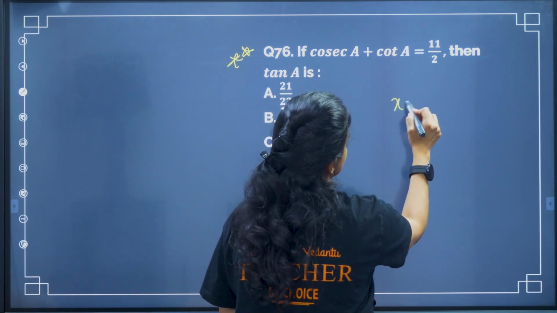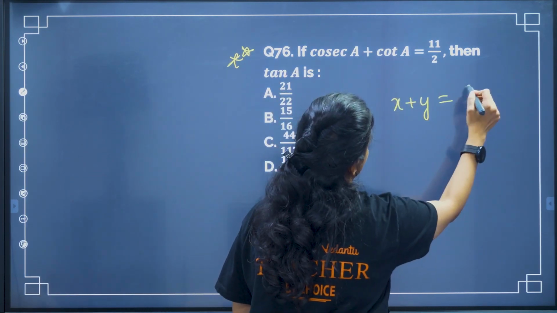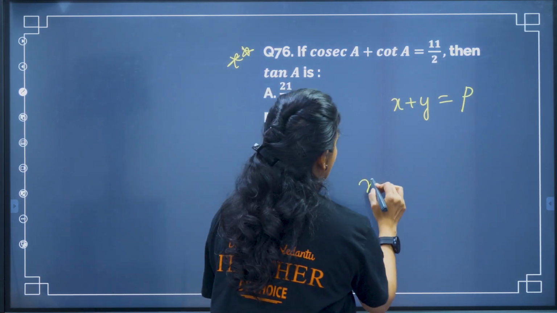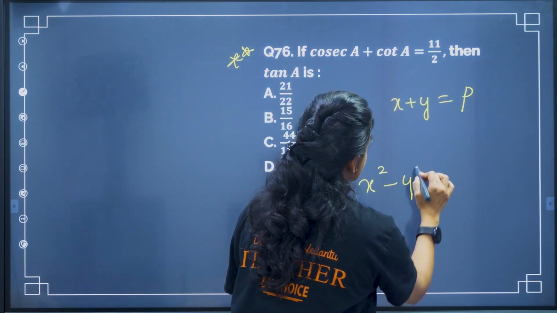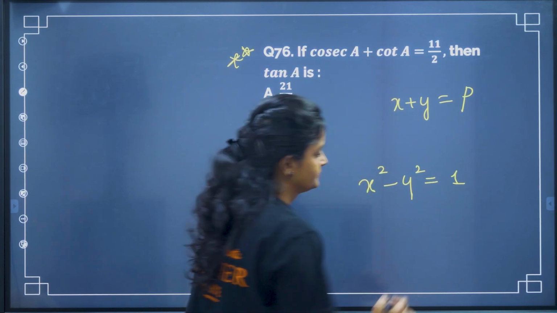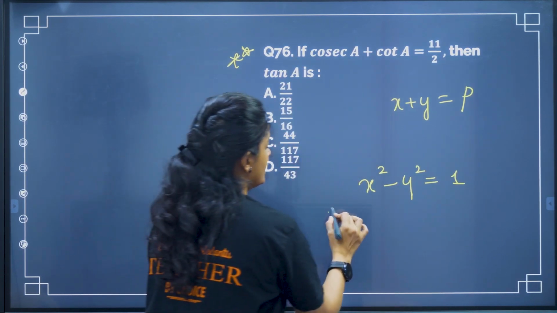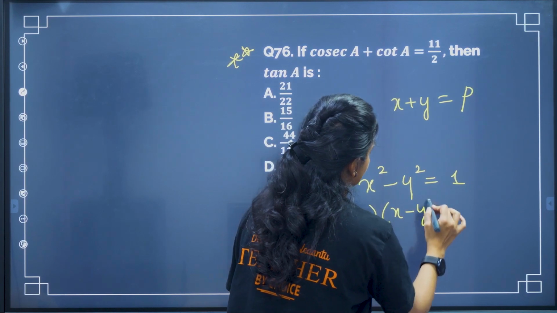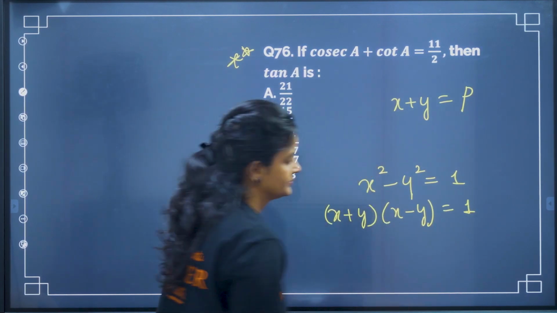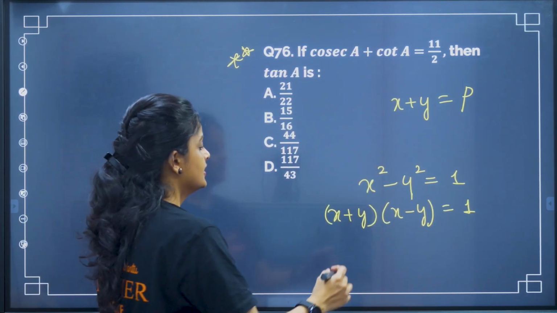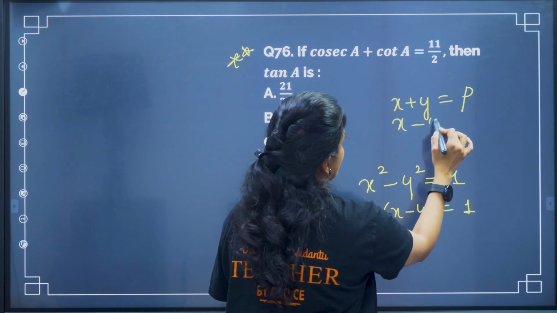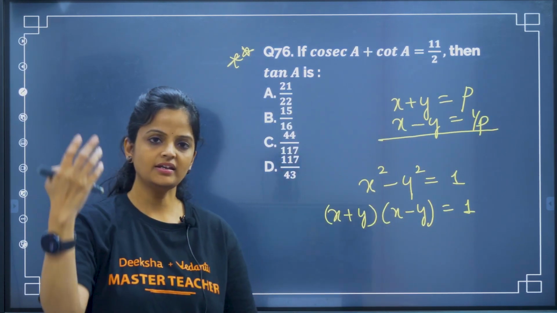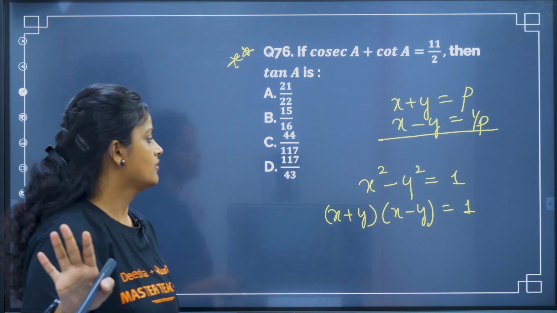If x + y is equal to some p given, and I know that x squared - y squared is coming as 1, what will I do? x + y times x - y is 1 actually, right? I will write directly 1 by p and take the simplification. That's all you have to do.